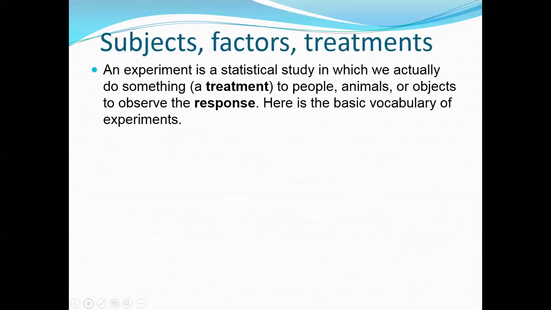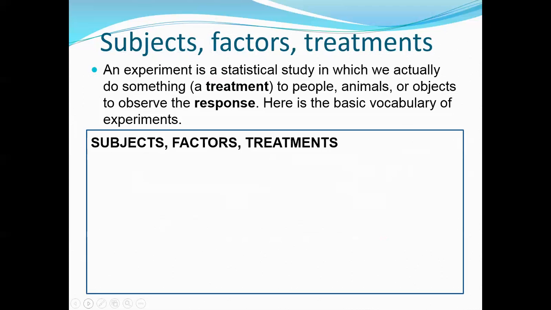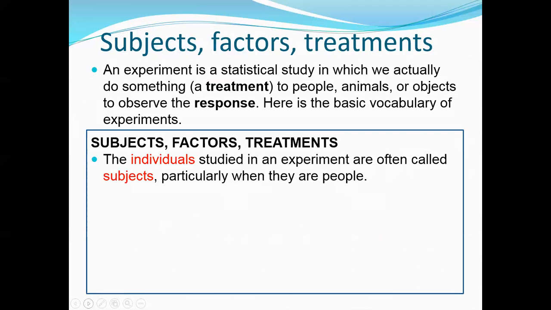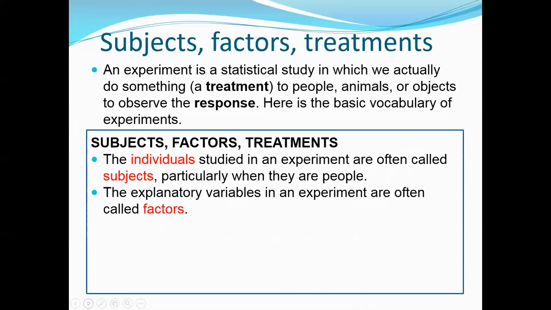Subjects, factors, treatments. An experiment is a statistical study in which we actually do something, a treatment, to people, animals, or objects to observe the response. Here is the basic vocabulary of experiments. The individuals studied in an experiment are often called subjects, particularly when they are people.